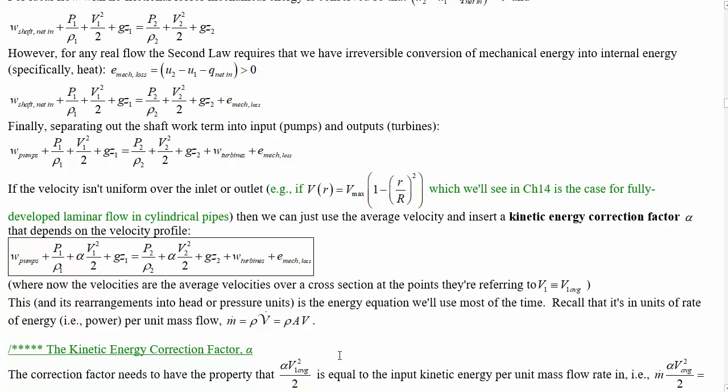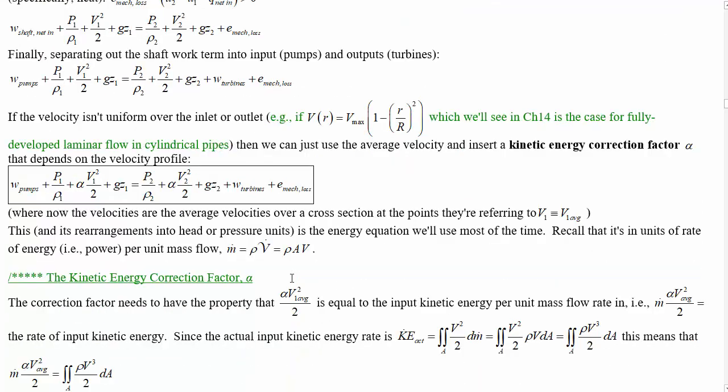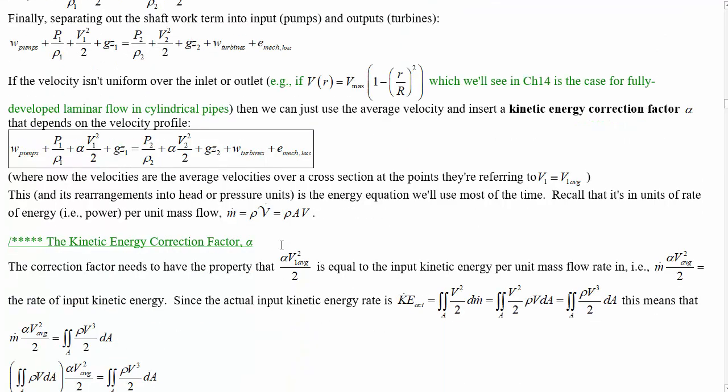All right, but how do you find these kinetic energy correction factors? Well, what you need them to do is, when you substitute in the average velocity for this, you want alpha v average squared over 2, multiplied by m dot, the mass flow rate, to give you the kinetic energy flow rate in.